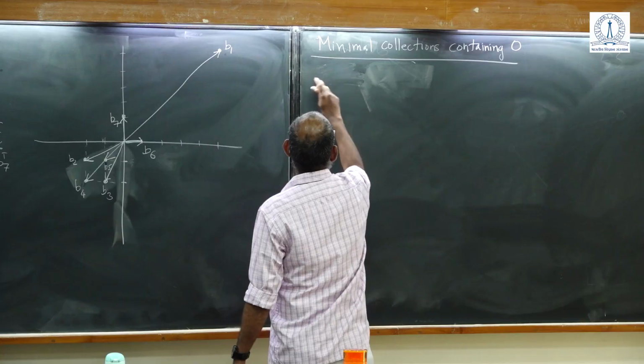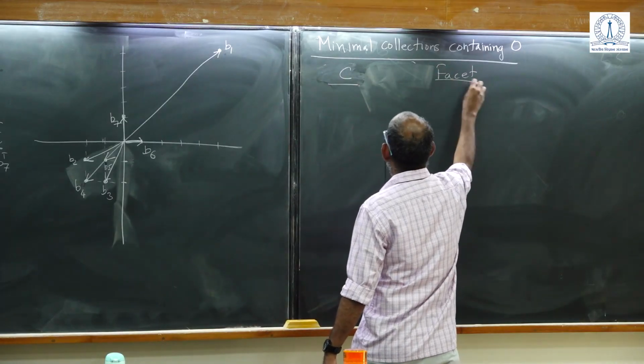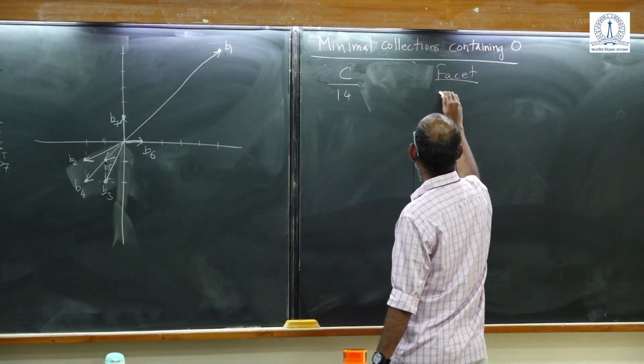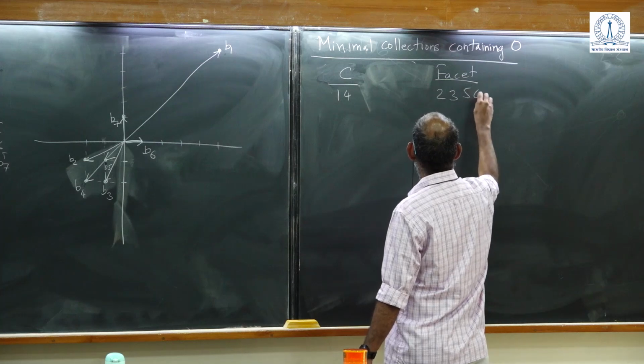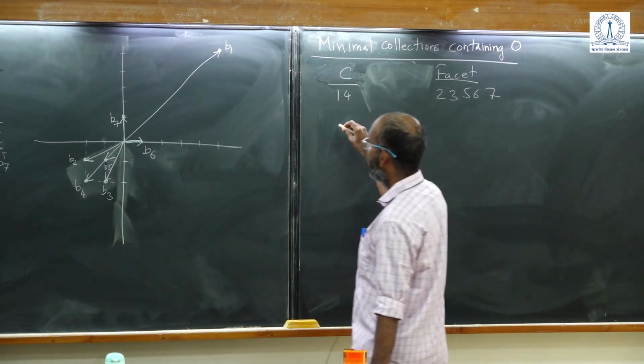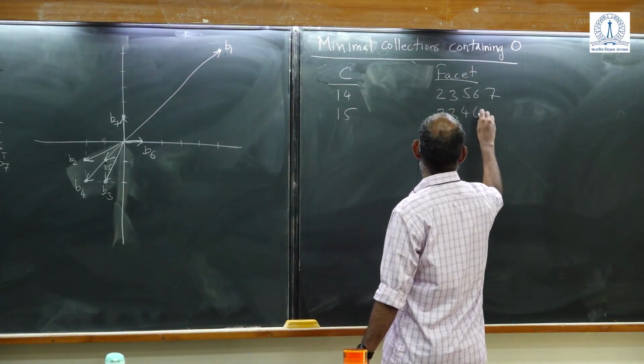So here I'll write the collection and here I'll write the facet. So here is 1, 4. So this corresponds to 2, 3, 5, 6, 7. And 1, 5 corresponds to 2, 3, 4, 6, 7.